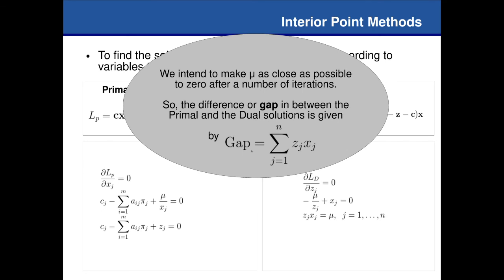This gap tells me if we've got something called the strong duality. What does the strong duality mean? I have the strong duality if the gap, after several iterations, approaches zero. If this product of my slack variables by x approaches zero, I will have my strong duality.